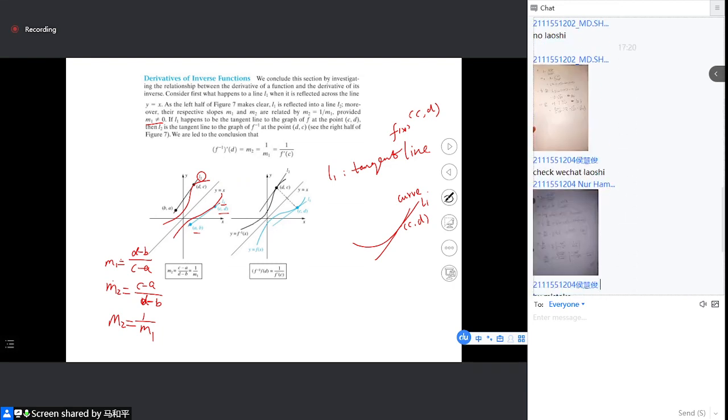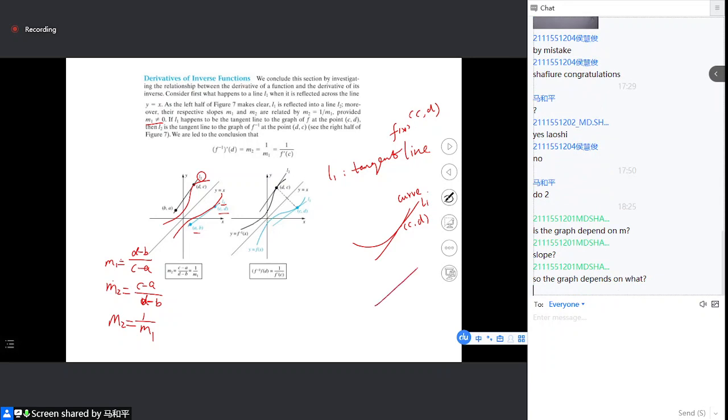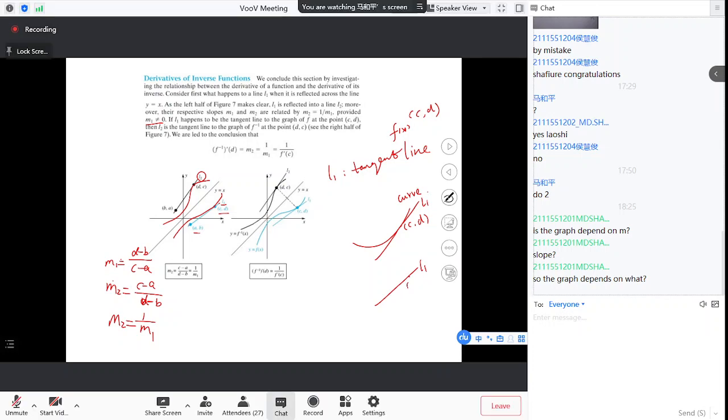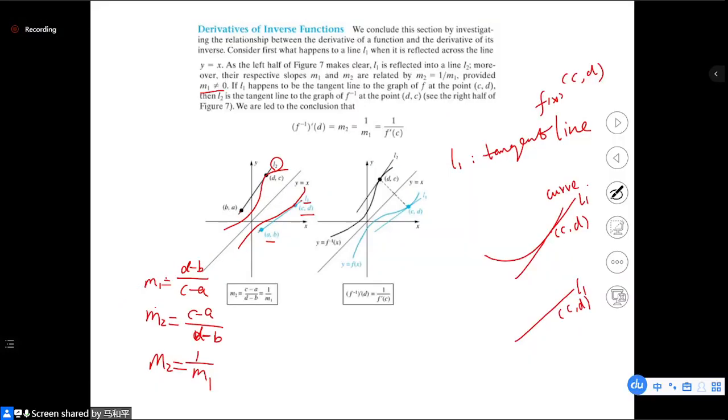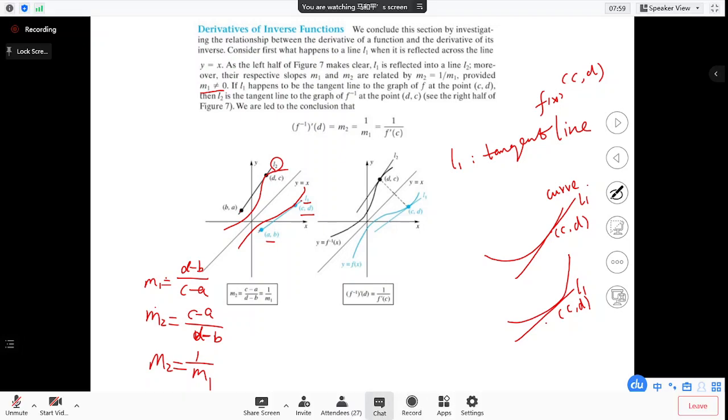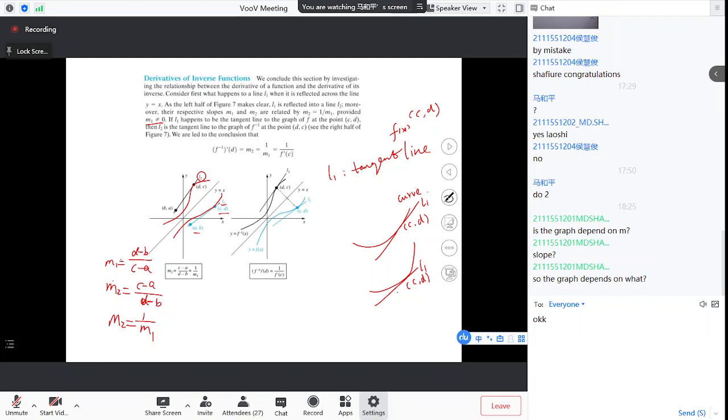We can have a tangent line, but here we first give the straight line L1, and this straight line passes through (c, d). Then we suppose this straight line is the tangent line of this curve at the point (c, d). We just suppose we have a curve like this, and its tangent line at (c, d) is L1. Do you understand that?